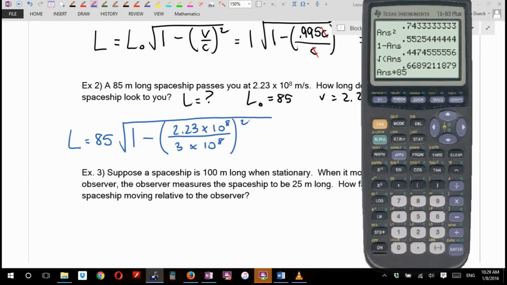Again, I really encourage you to practice these on your calculator because it's some heavy-duty calculator work, especially if your calculator is, what's the word I'm looking for? Lacking.